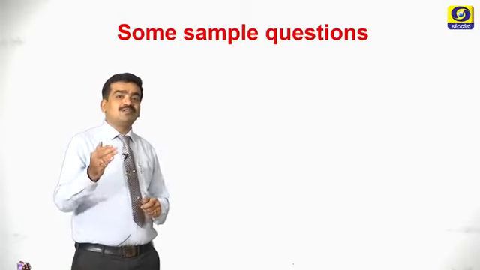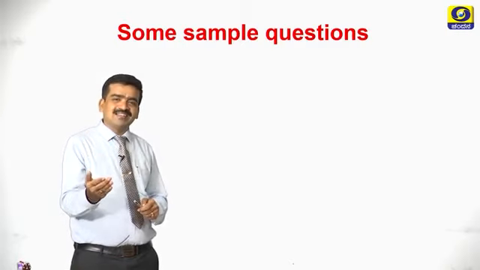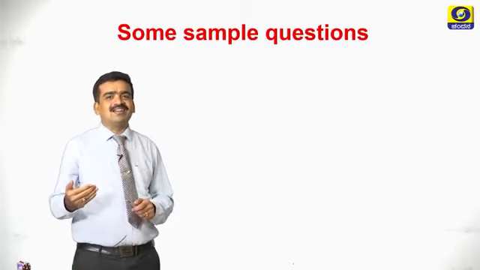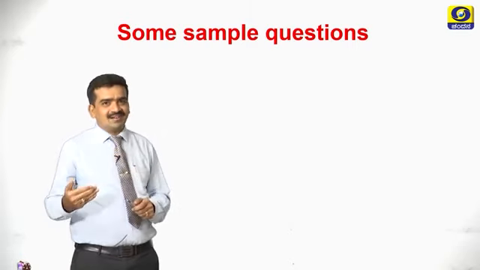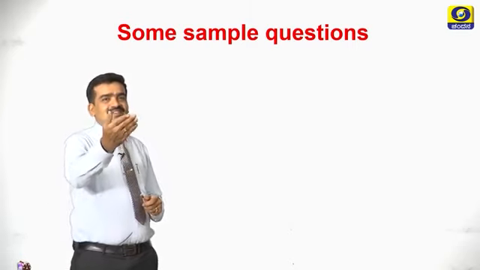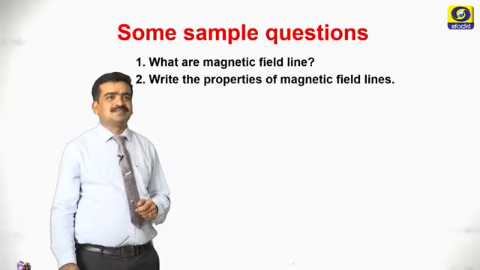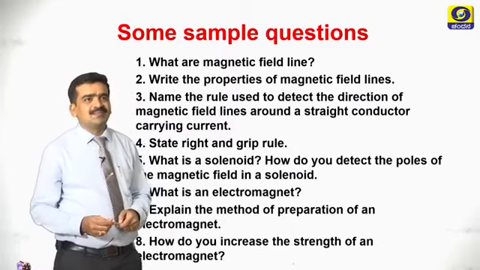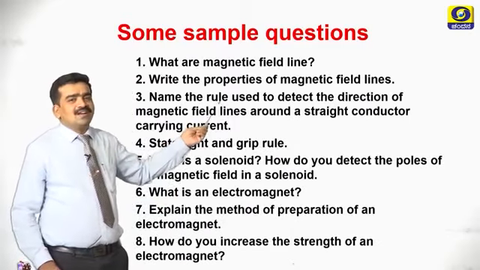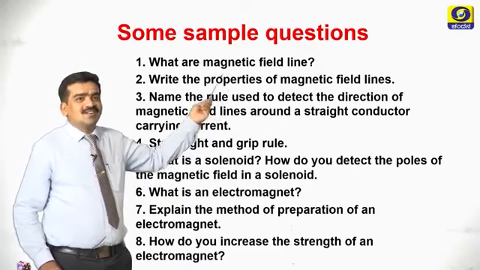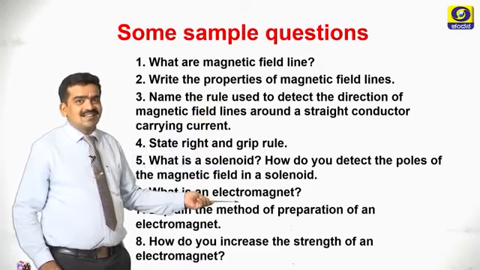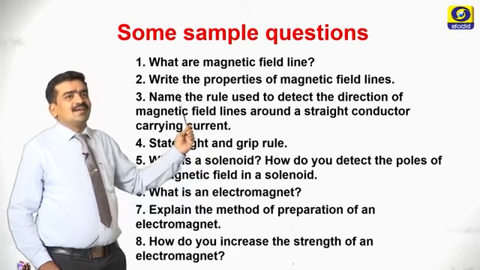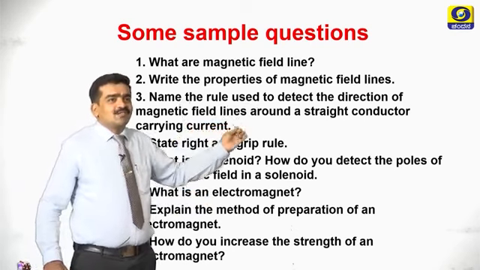Before going on to know more about the lesson, let us recall the things which we have already covered with the help of some sample questions. Here you have some questions. What are magnetic field lines? You are capable of answering all these questions. Is it right? Yes. Write the properties of magnetic field lines.